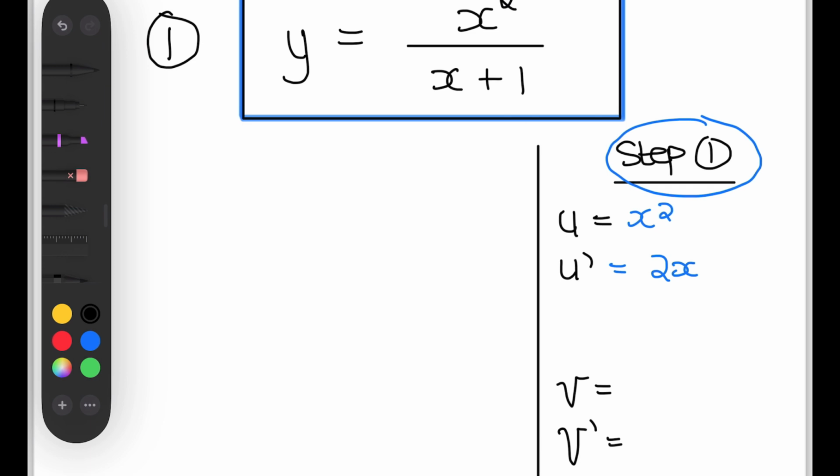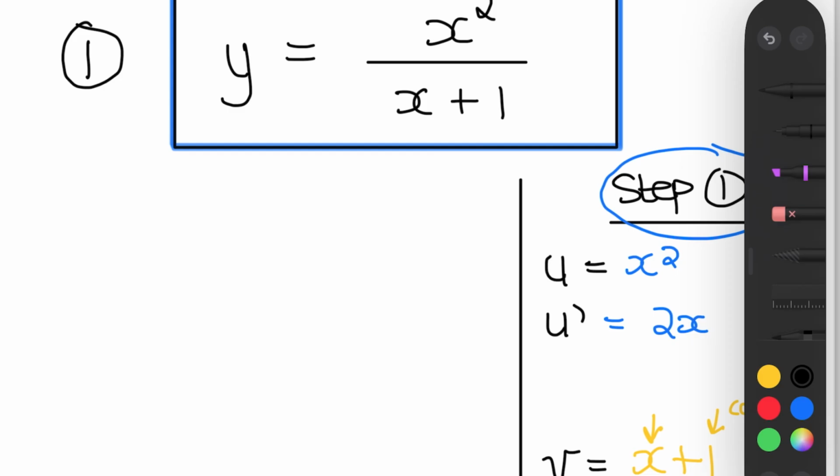And obviously, v will simply be the denominator, which is x plus 1. When we differentiate that, we're just going to get 1. So when we differentiate x, we will get 1. But when we differentiate 1 alone, it will become 0, because the derivative of a constant is always equal to 0.